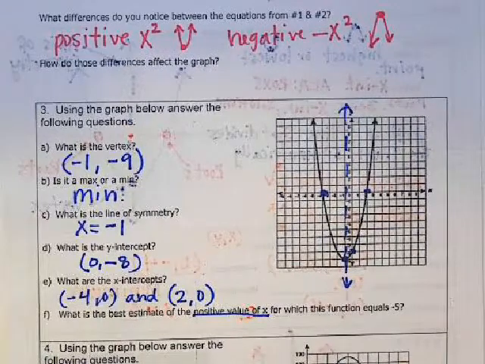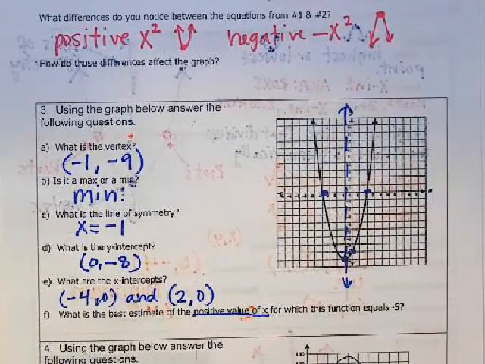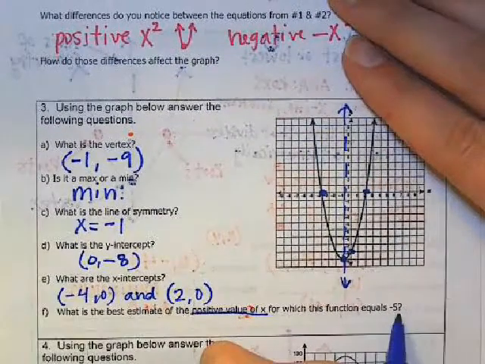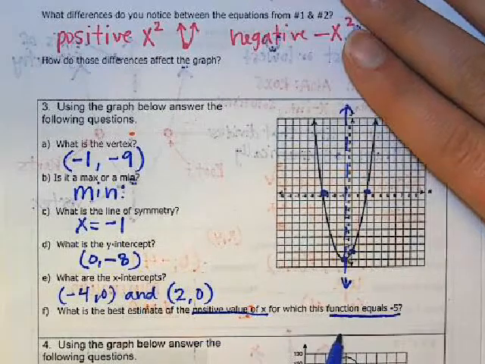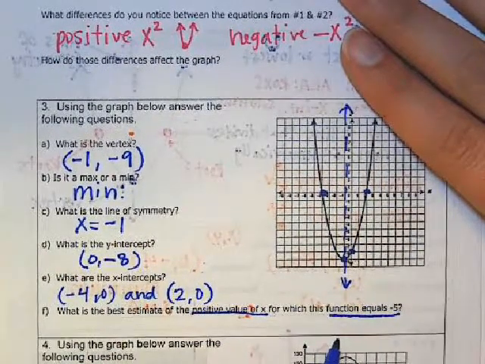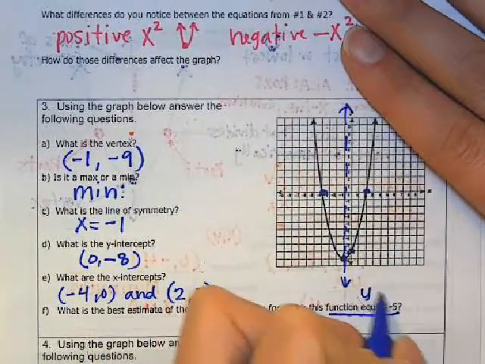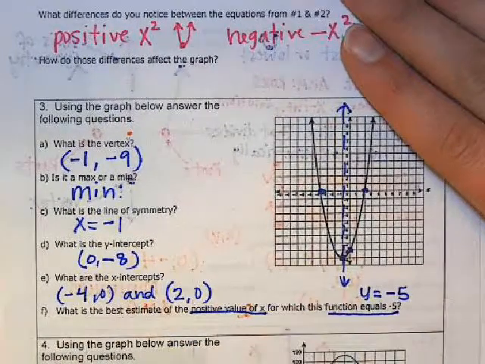No. Okay, look up here because you're going to have to do some of these on your homework. What is the best estimate of the positive value of x for which the function equals -5? What does function mean? Equation. How do you start an equation? y equals. So y equals -5.